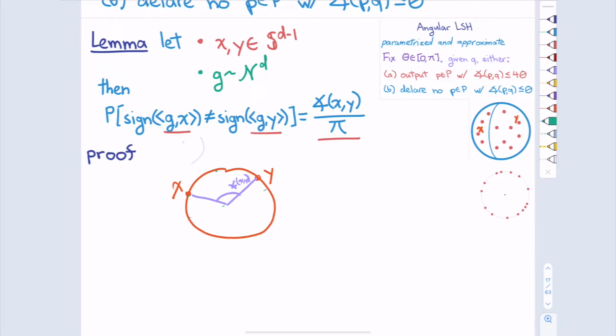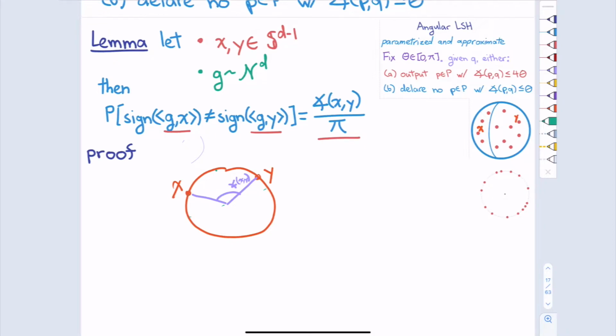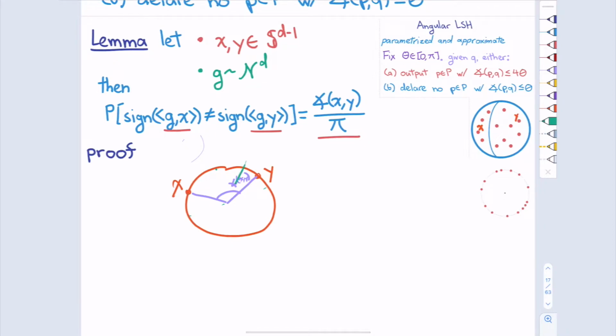So let me draw something perpendicular to x. If the Gaussian is anywhere on this side of the green line, then x will have a positive projection onto it. Good.